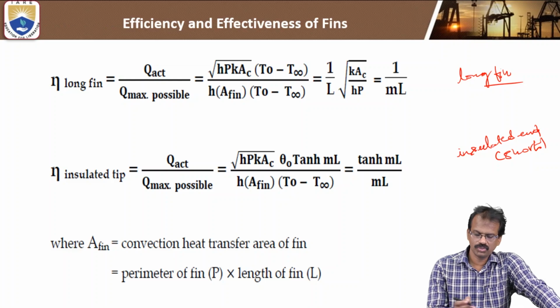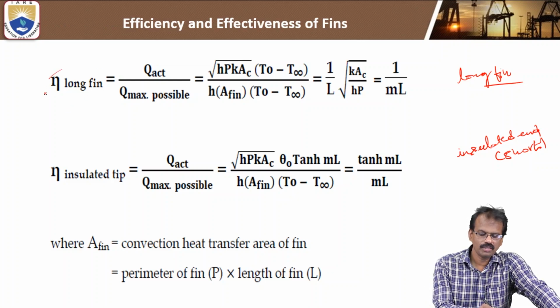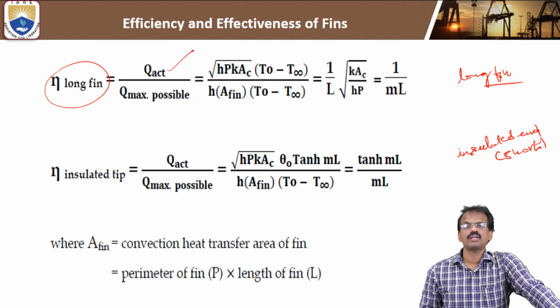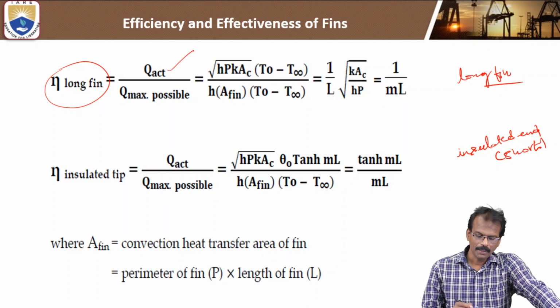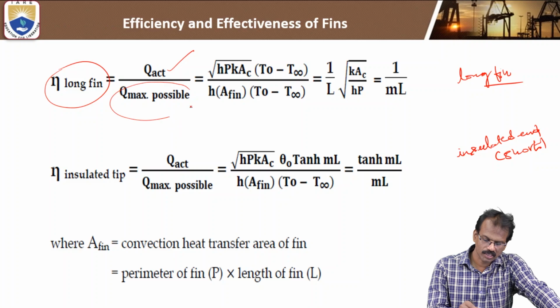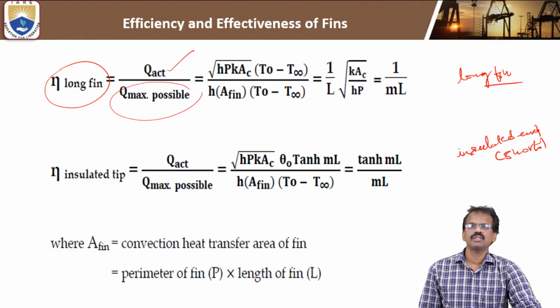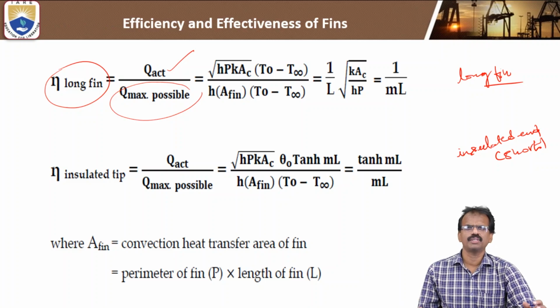Here we will first see the efficiency of the long pin. It is the actual heat transfer by the pin divided by the maximum possible heat transfer by that pin. The maximum possible heat transfer occurs when the entire body is at temperature T naught.